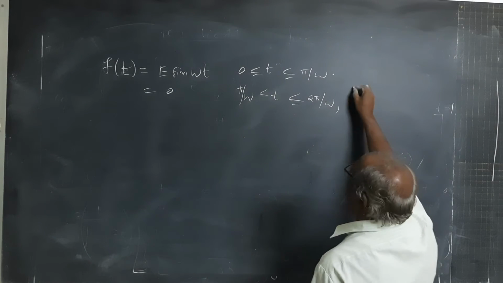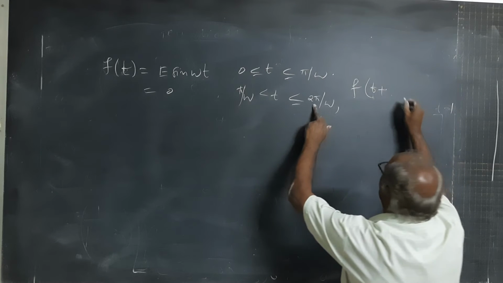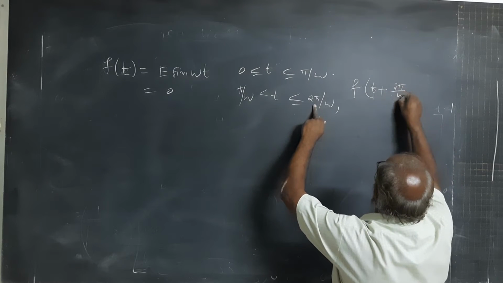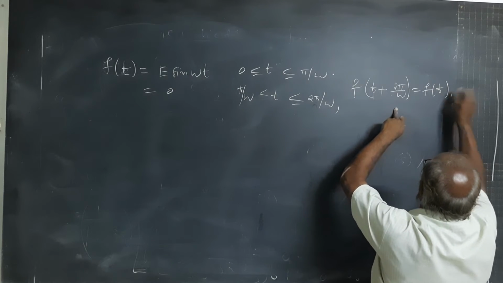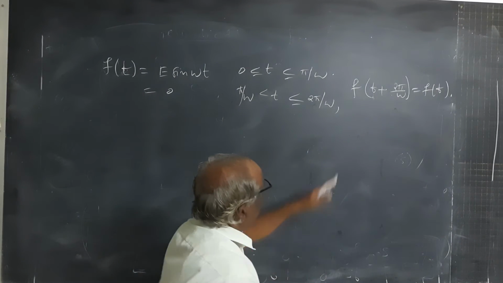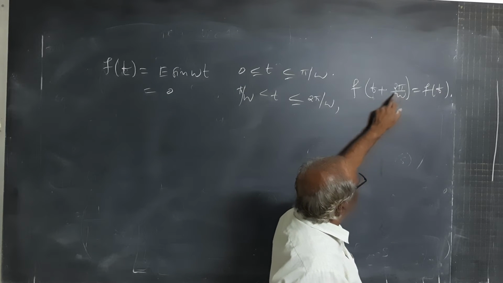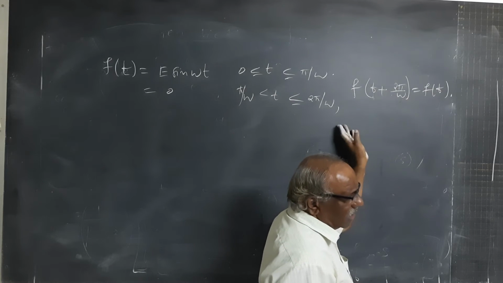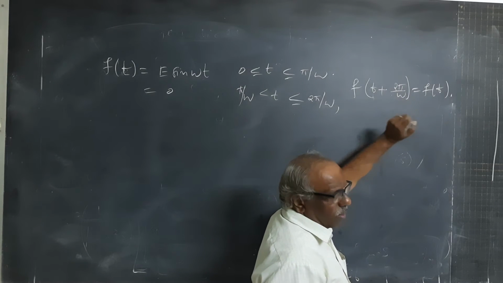And it is said that f of t plus 2 pi by omega is equal to f of t. You may say this is a periodic function with period 2 pi by omega.